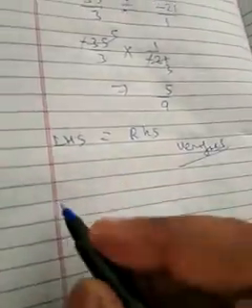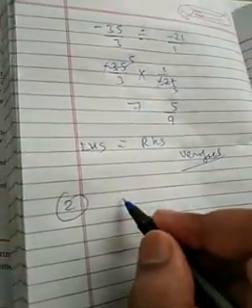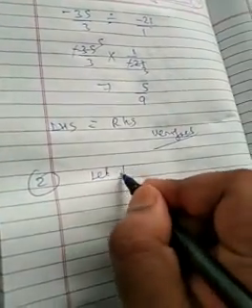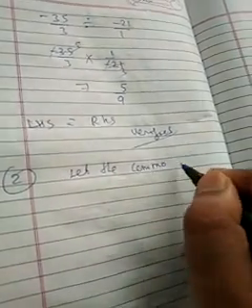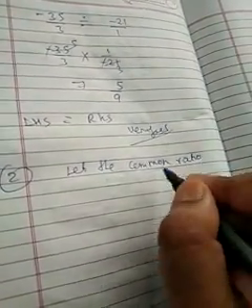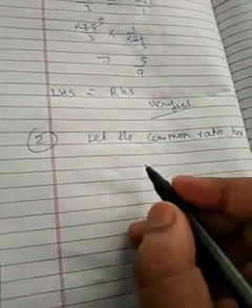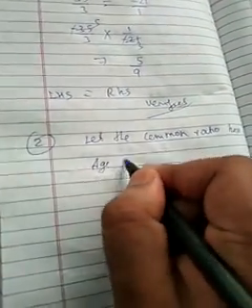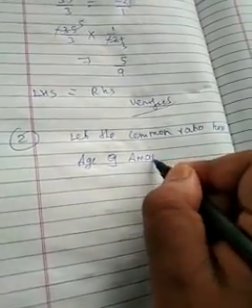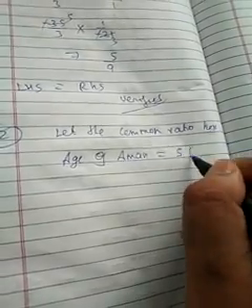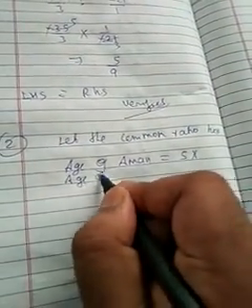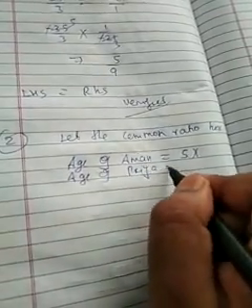First we will take the common ratio. Let the common ratio be x. Now the age of Aman will become 5x and the age of Priya will become 7x.